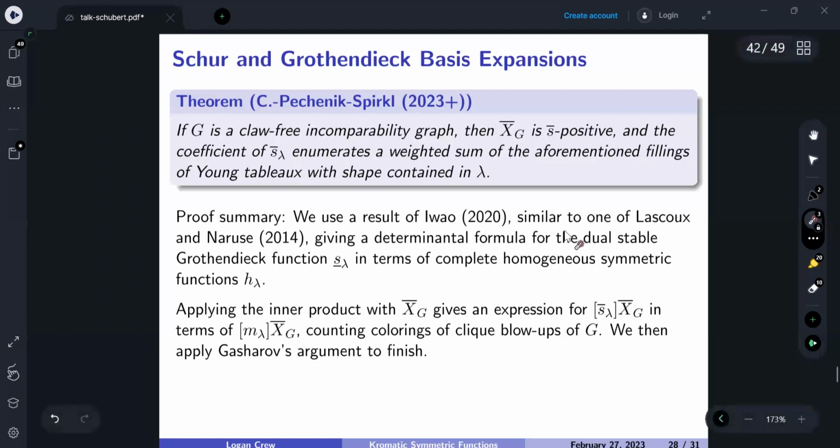And so basically we're doing the same thing, except that whereas Gasharov started with expanding S lambda into H's, we have a lot more work to do by using a larger expansion, but ultimately the details work out. And this function is Grothendieck positive. So this I find is one of the compelling aspects of this function that really makes me believe that it is very nice and worth considering more, that it does lift this Schur-positivity result in a nice way.